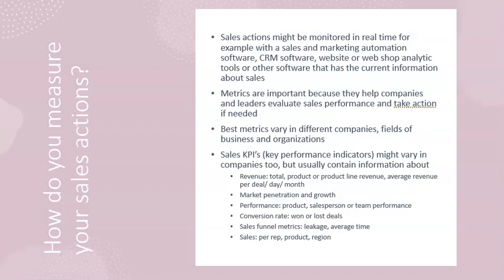You might look at the conversion rate, so won or lost deals in sales or in downloads or subscriptions. Or you could look at the sales funnel metrics such as leakage or average time or just sales per sales rep or per product or per region or so on.